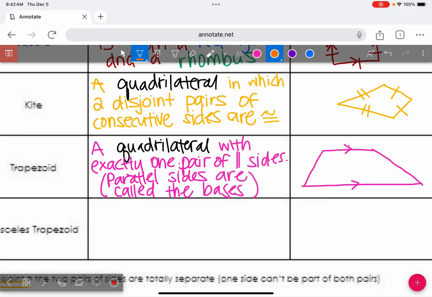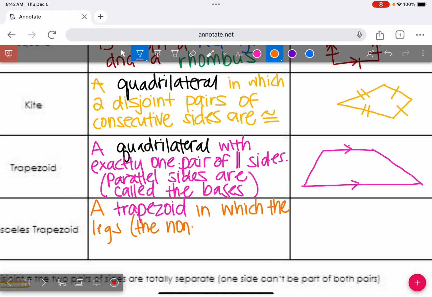All right. An isosceles trapezoid is part of the trapezoid family. So an isosceles trapezoid is a trapezoid in which the legs, those are the non-parallel sides, are congruent.